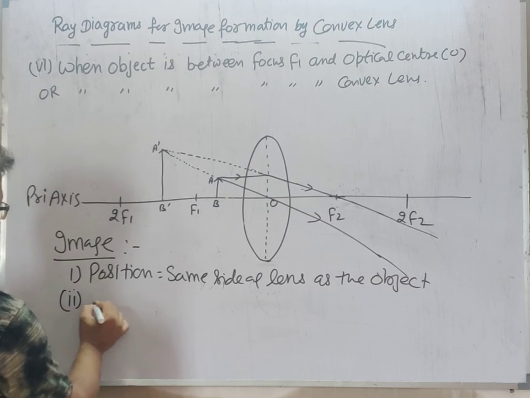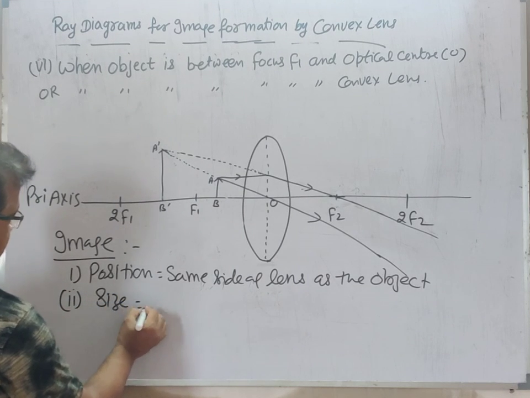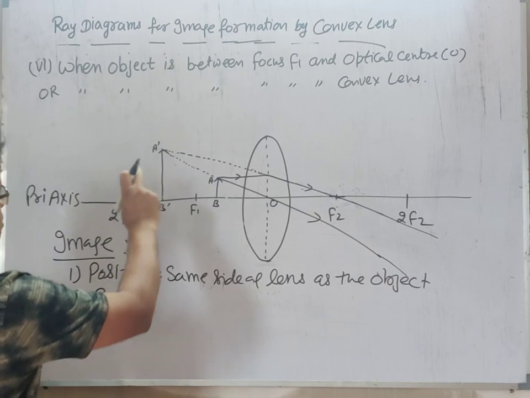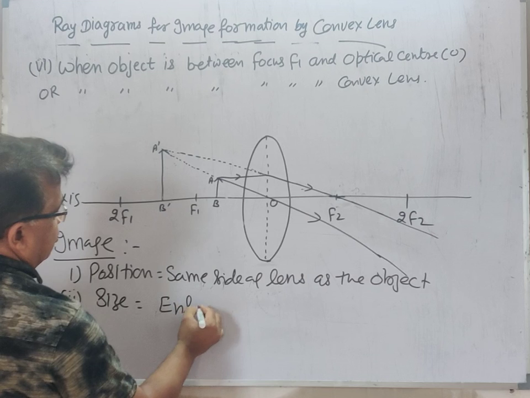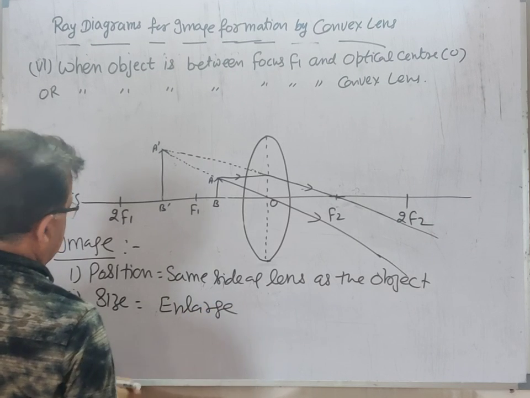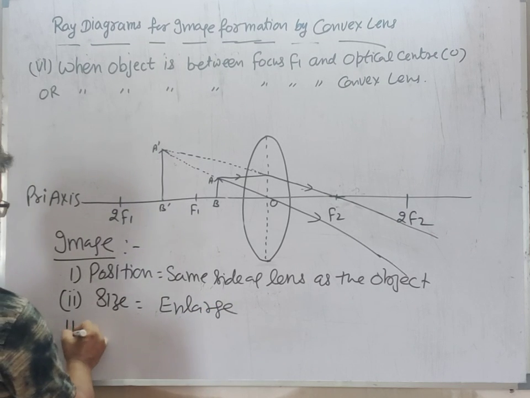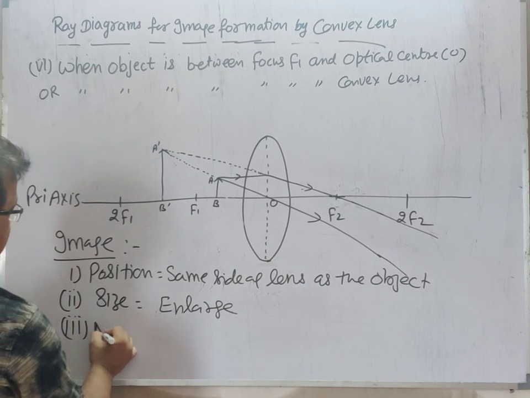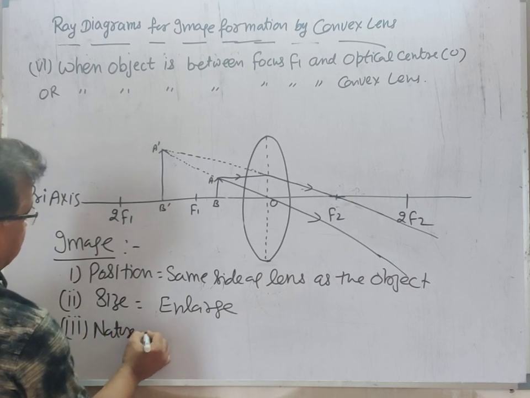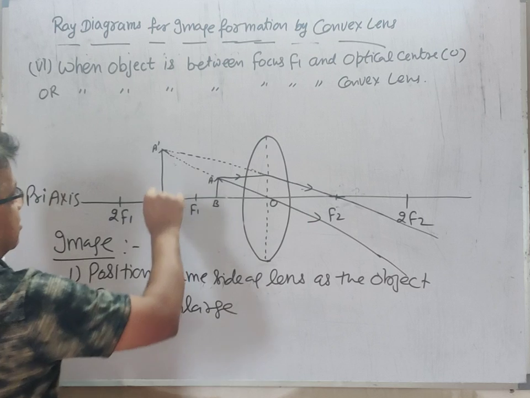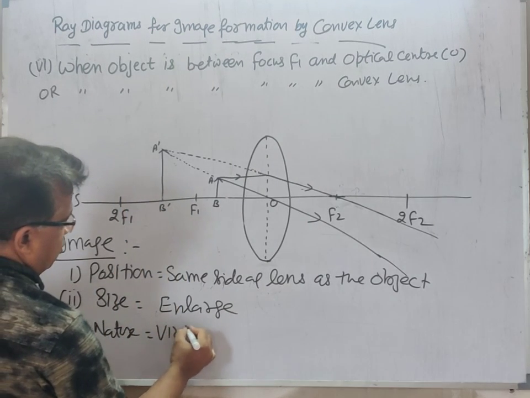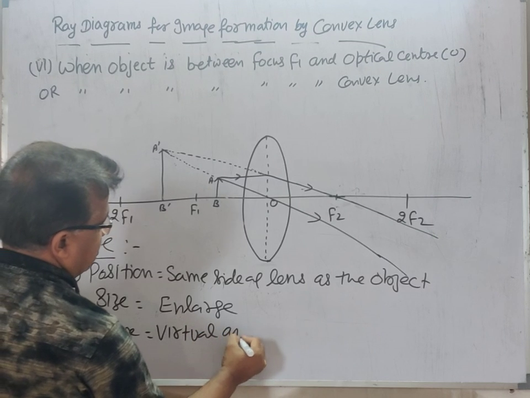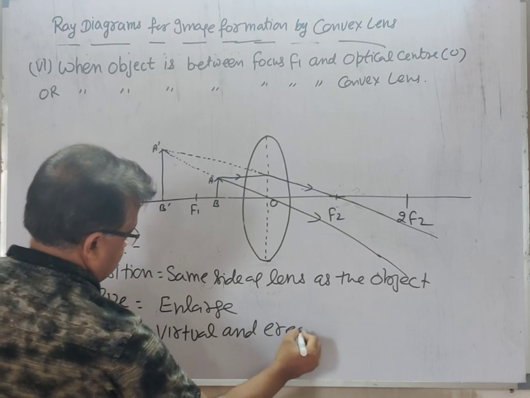Second is its size. We are observing the image is greater than the object, so it is enlarged, large or bigger. Then next is nature. We are observing it is erect, and because erect, therefore it is virtual. So it is virtual and erect.